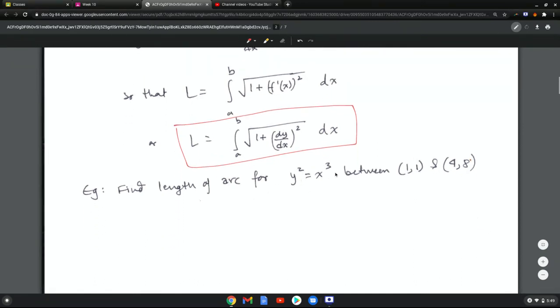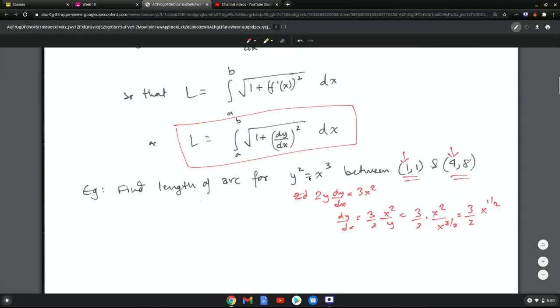Let's look at an example. Arc length for this function between these points. I look at the x coordinates, which are 1 and 4. So first of all, let's find dy over dx. 2y dy over dx equals 3x squared. So dy over dx equals 3 over 2 times x squared over y, which is 3 over 2 times x squared over x to the 3 halves, which is 3 over 2 x to the 1 half.